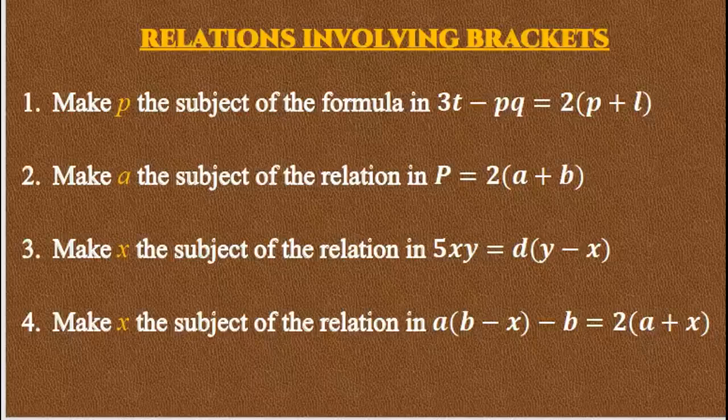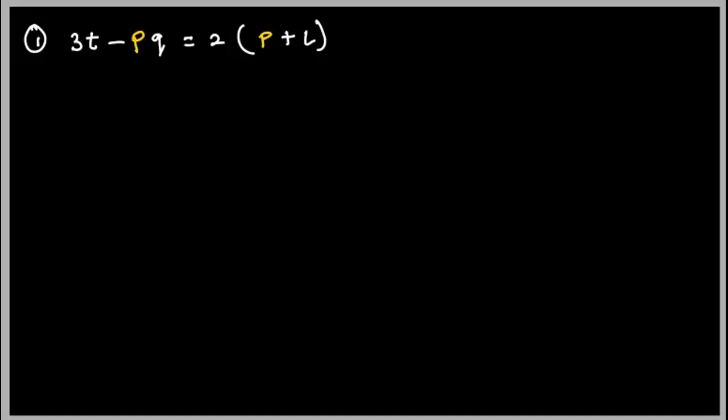Now let's look at relations involving brackets. Make P the subject of the formula in Pt minus PQ equals 2 open brackets P plus L close brackets. Now, as you can see, we have P on both sides, so there's no point rearranging.